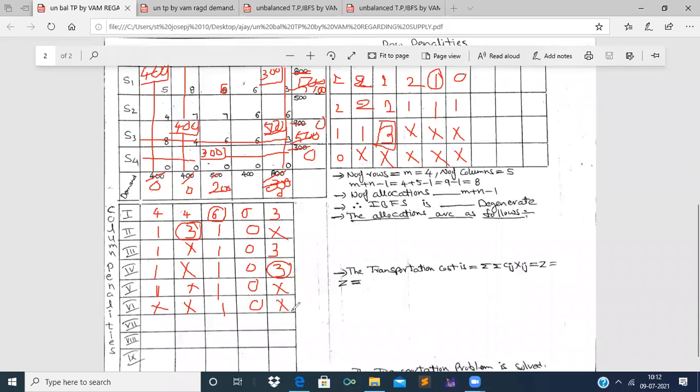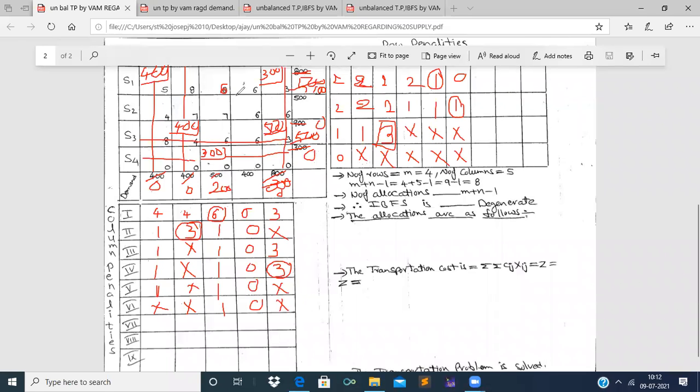Now, if we observe these penalties, again we have got one as the row and column penalties. Therefore, I select this one and I enter into its corresponding row. The corresponding row, that is second row, is containing 2 costs 7 and 6. I select the least cost, that is 6. Its corresponding demand is 400, and its corresponding supply is 500.